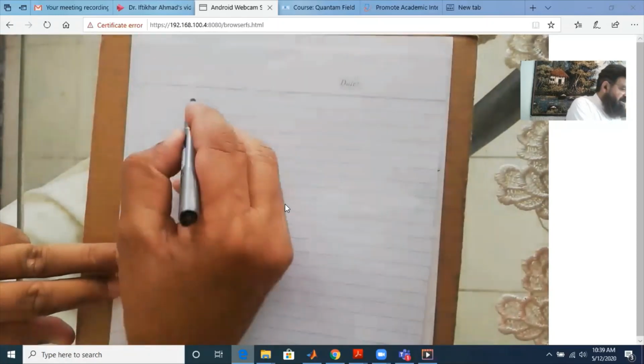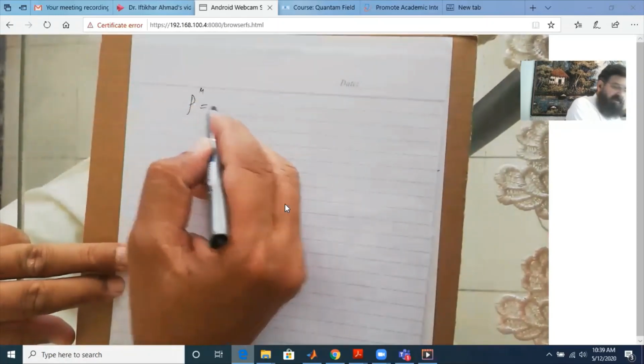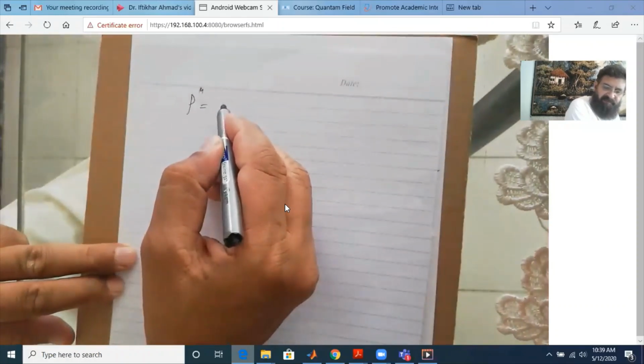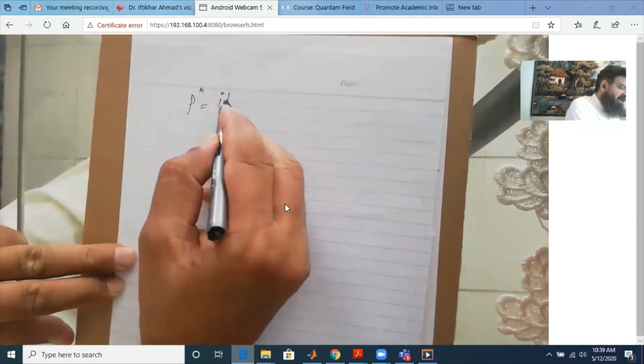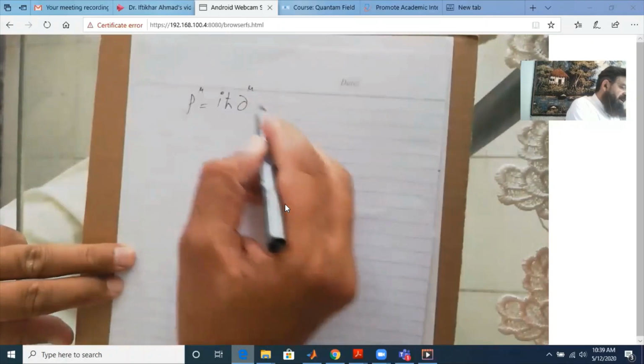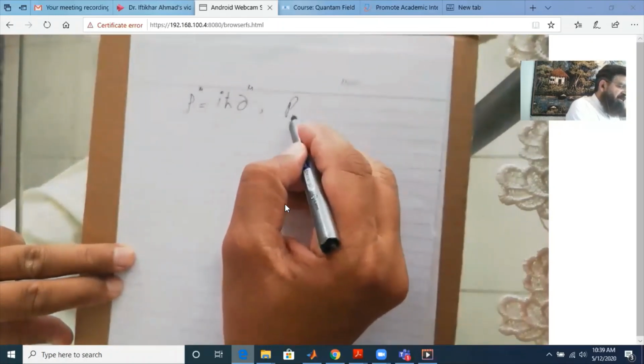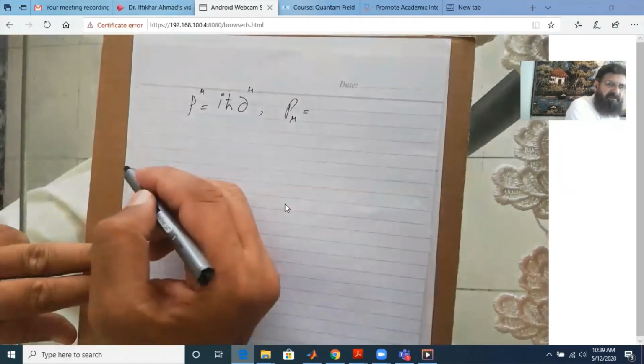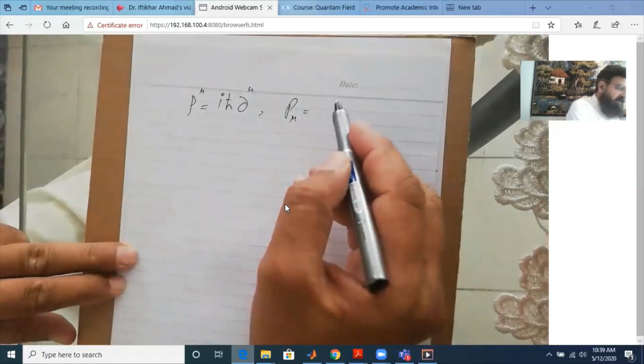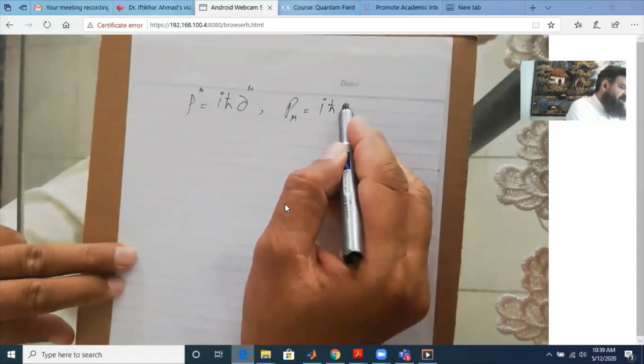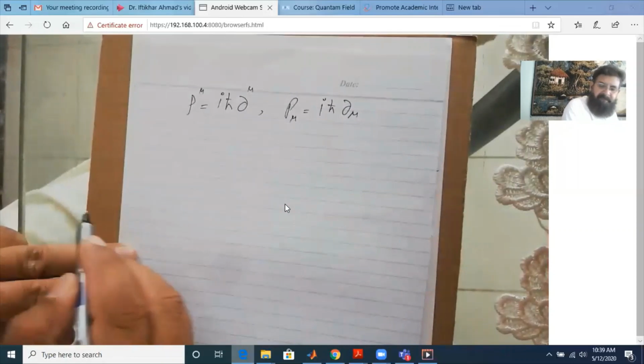First of all, P mu covariant is equal to i h-bar partial mu, and P mu contravariant is equal to i h-bar partial mu.